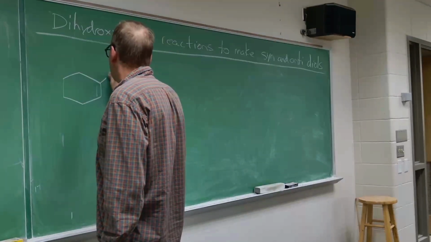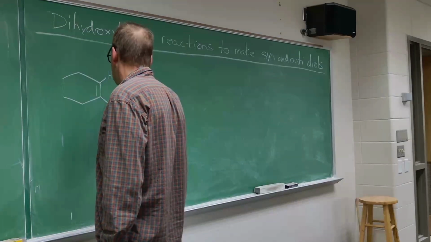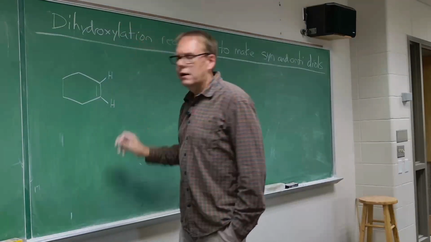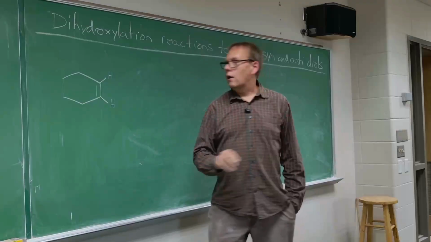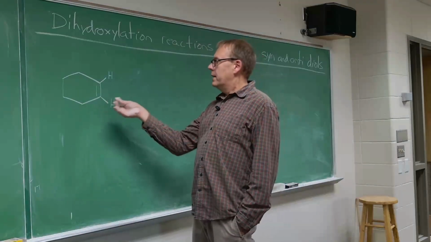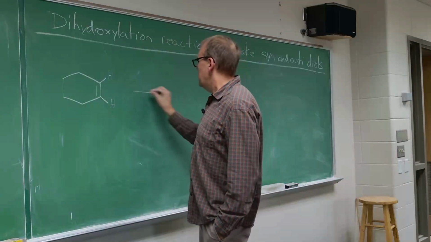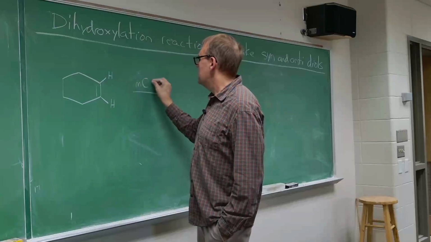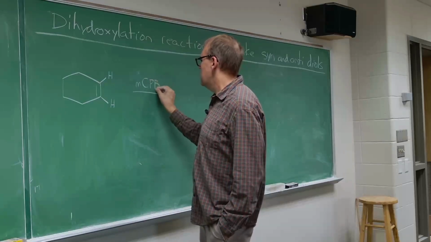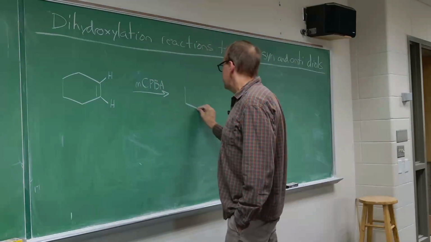Here's a two-step process that you can do to make an anti-diol. If you put an alkene in with an epoxidizing agent like MCPBA, you'll get an epoxide out.